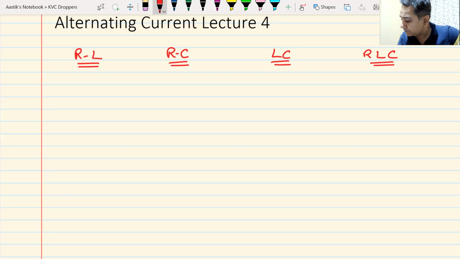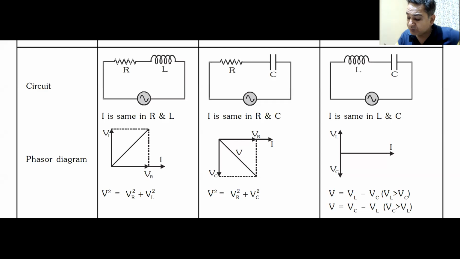We were doing a table in the previous class that has all the three elements, and we were discussing the difference between the three types of circuits. So let us go and do it.